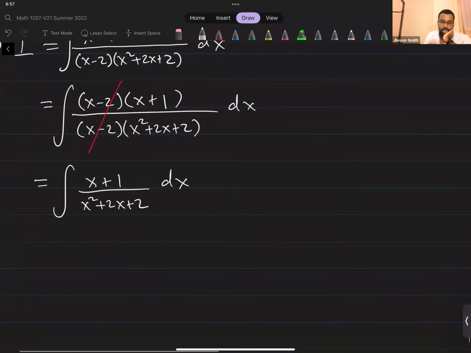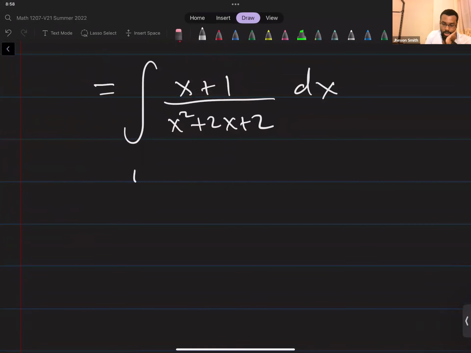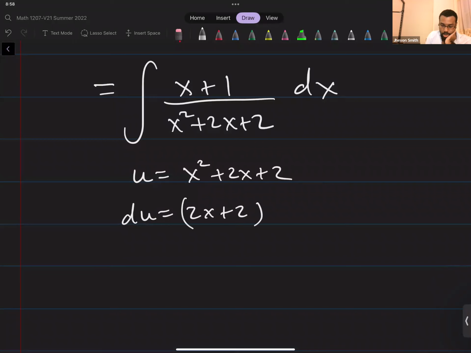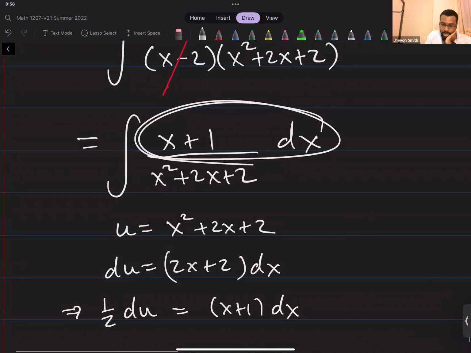And now this is just a new integral, and I go through that whole thing in my head again. Is it a basic rule? Blah, blah. And you would realize that a substitution now would work. My x plus 1 dx is right there.